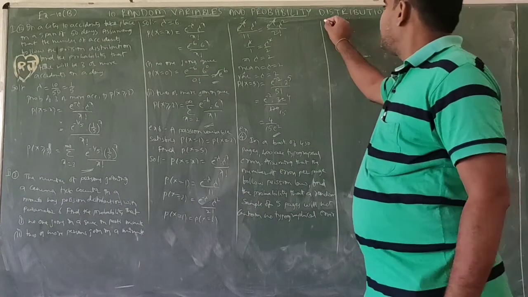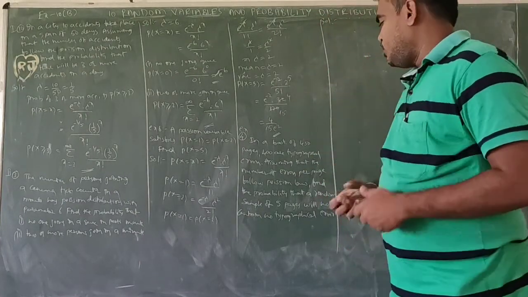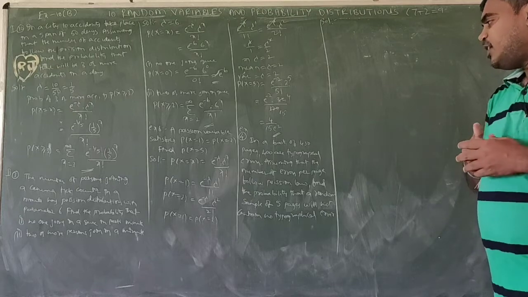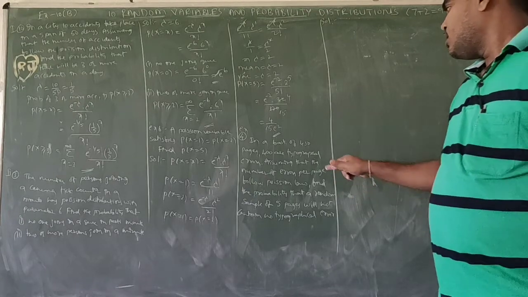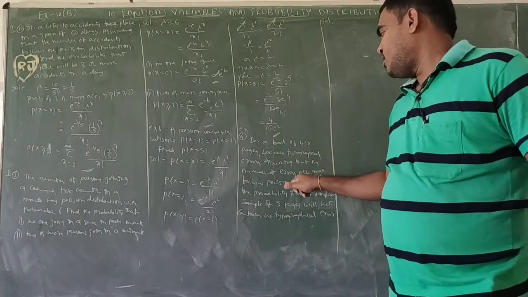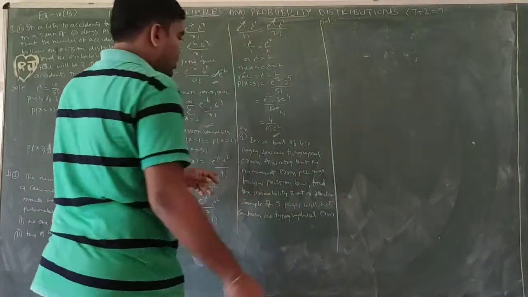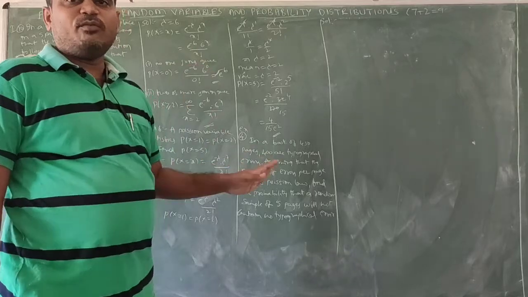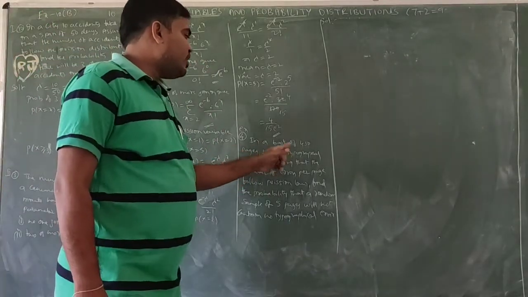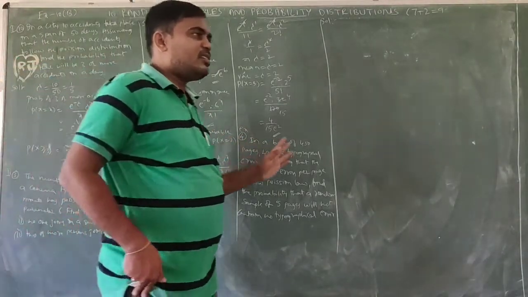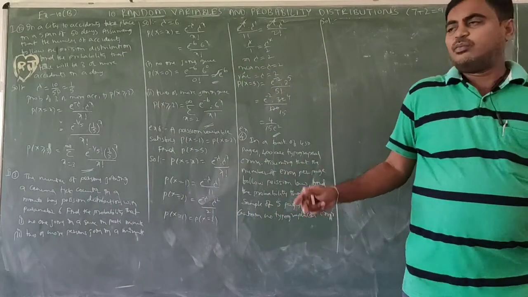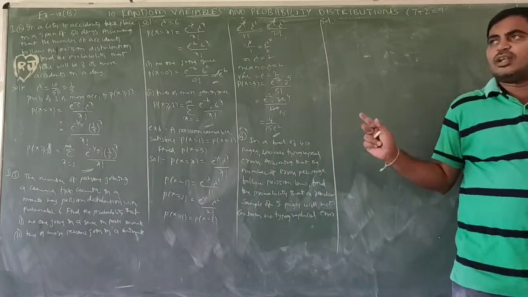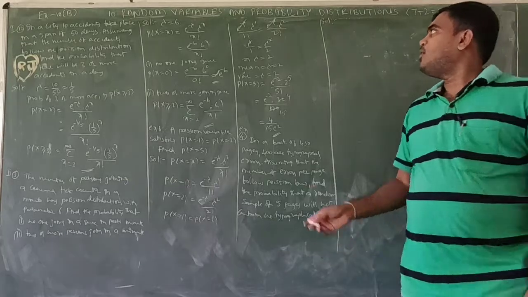So solution. Out of 450 pages, how many errors? A book contains 450 pages, with 400 errors. According to one page, I want to calculate.